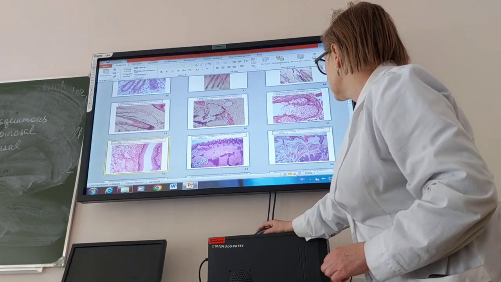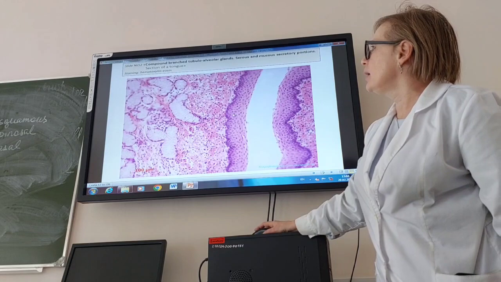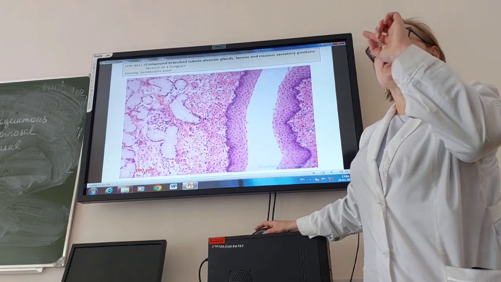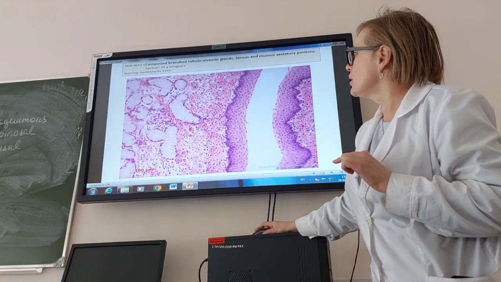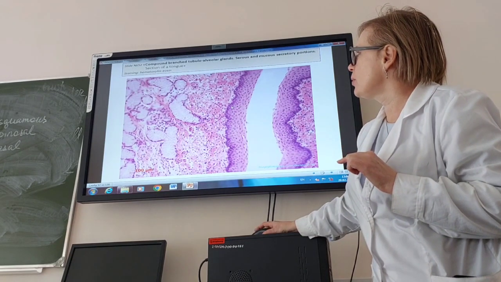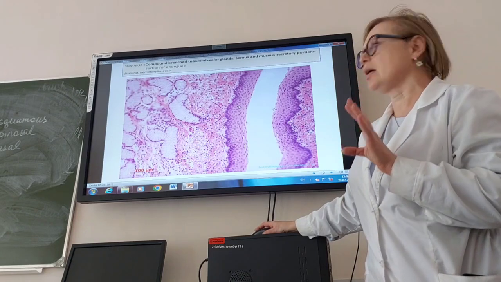Let's look at this slide. So we can see here very clearly. We can't see the cell membrane, but we can see nuclei. The shape of the nucleus informs us about the shape of the cell.